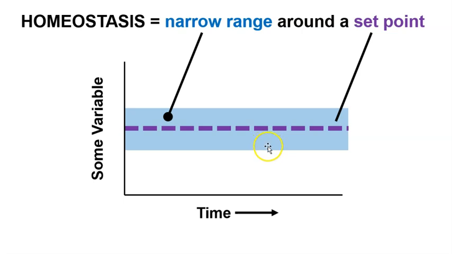Other times it might be a little bit lower. And that's okay according to homeostasis, that there is a little bit of fluctuation around that variable, but as long as our body temperature doesn't get too far beyond that set point, then the body considers that variable to be in our normal typical range for temperature homeostasis.